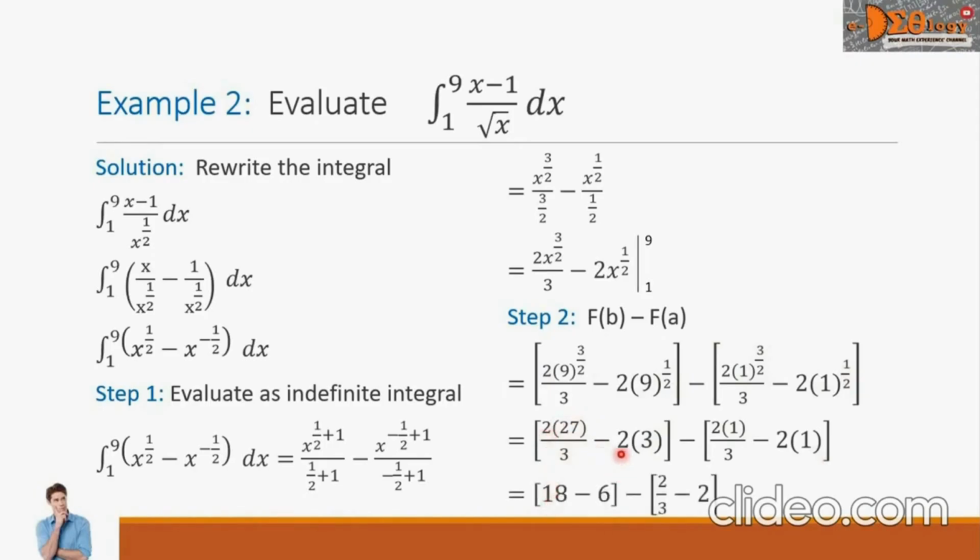Then minus 2 times 3 is 6. Then minus the second group now is 2 times 1 is 2 over 3. Minus 2 times 1 is 2. From here, let us remove the grouping symbol. So we have now 18 minus 6 minus 2 over 3 plus 2. So the final answer here is 40 over 3.